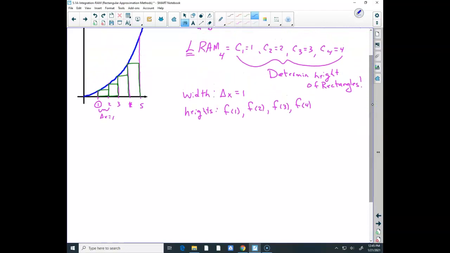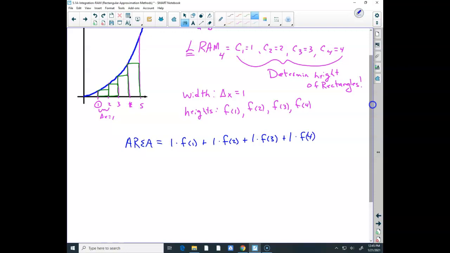So I know, in the end, my area is going to equal, every time, my width times my height. My width times my height. So I'm taking 1 times f of 1 plus 1 times f of 2 plus 1 times f of 3 plus 1 times f of 4.